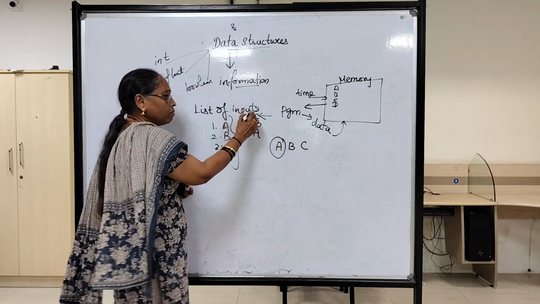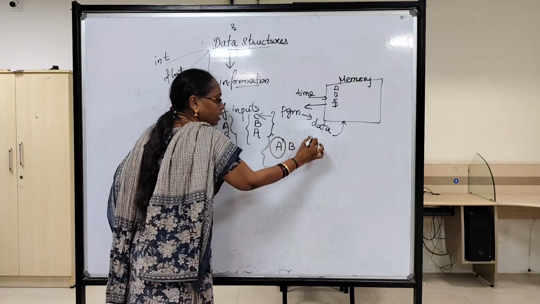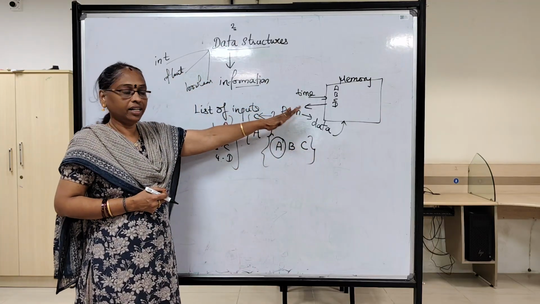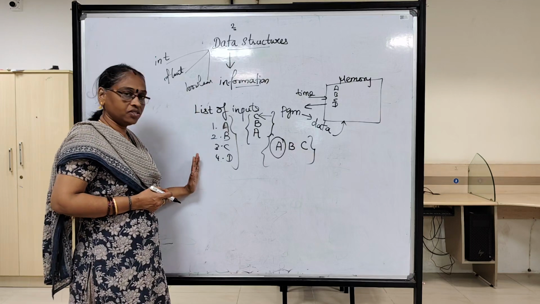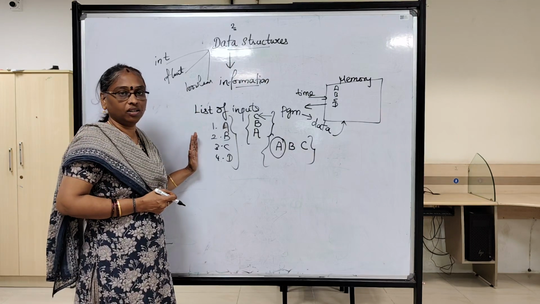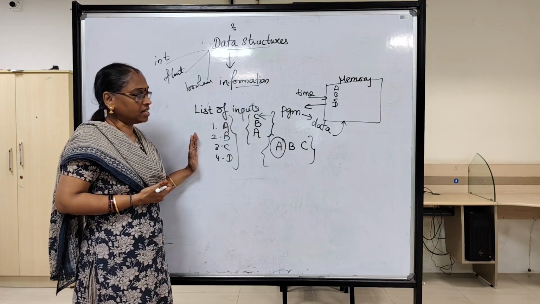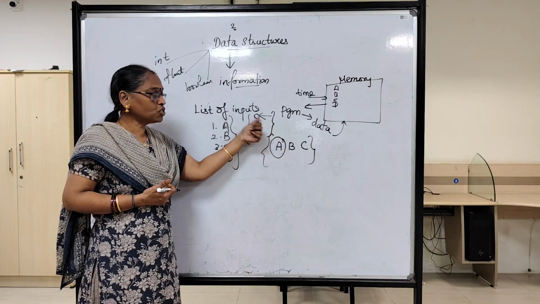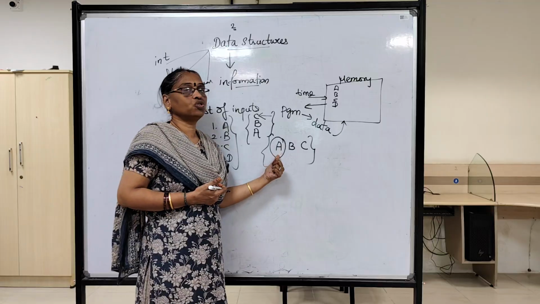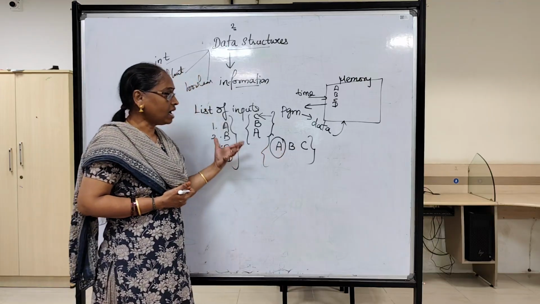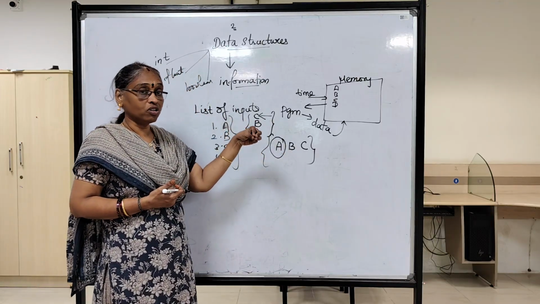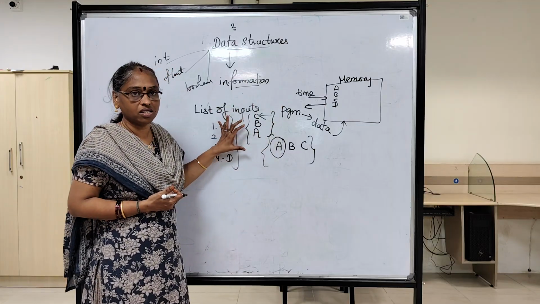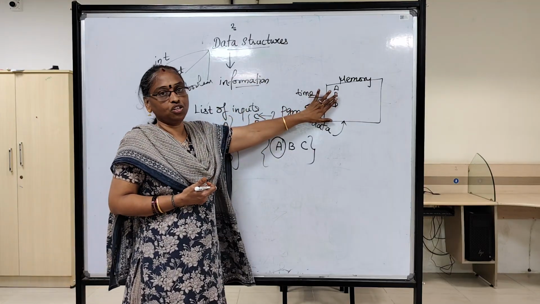So if the requirements are different, I need to follow a different structure to store my data in memory. Sometimes I don't have any constraint. I can store the data and retrieve the data as it is. Sometimes I need a constraint like this: the one which I stored last should be retrieved first, or the one which I stored first should be retrieved first. If I have some constraint in the process of retrieving the data from memory, then I need a particular data structure to store the data in memory.